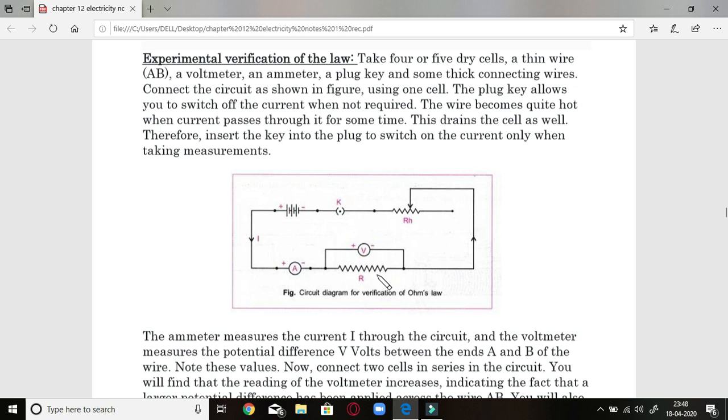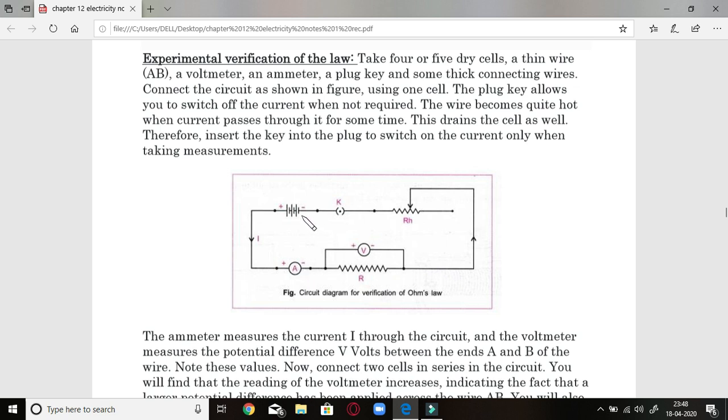Now he observed that by varying the values of the rheostat, the current values can vary. Now when this current increases, the potential difference will increase. First of all he put only one cell. When he observed the values, he found a very small increase in the current and potential difference.